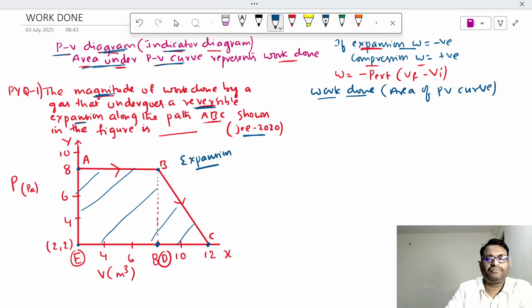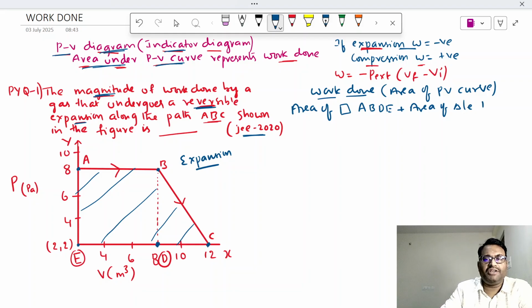So first of all, you have to calculate the area of the square ABDE plus the area of triangle BCD. So how to calculate the area of square ABDE?